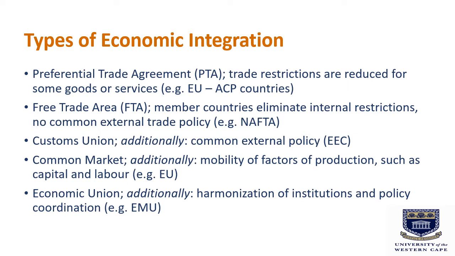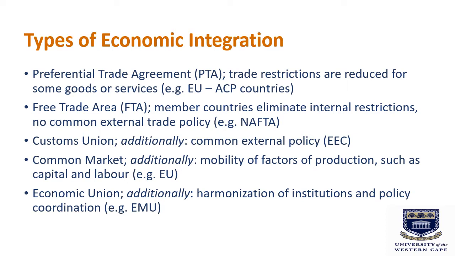That is where a couple of countries group together and decide, okay, we're going to reduce all the tariffs or all the trade restrictions for all our goods and services between all the countries joining this free trade area. So that is your internal restrictions, the policy for all members that belong to the free trade area.